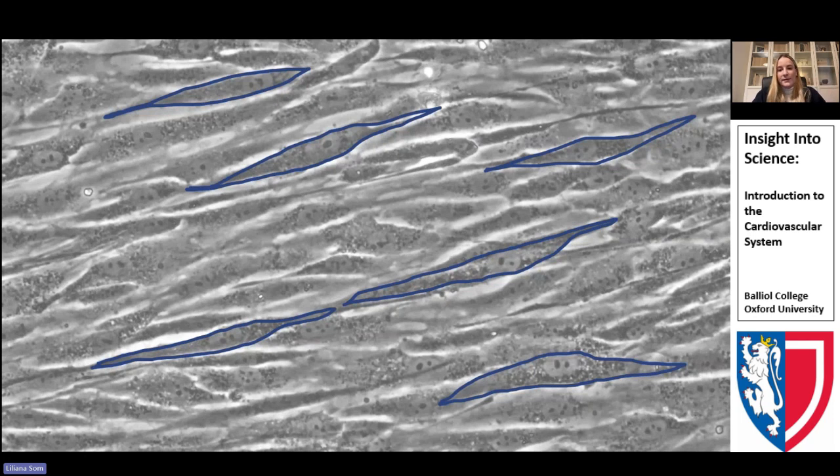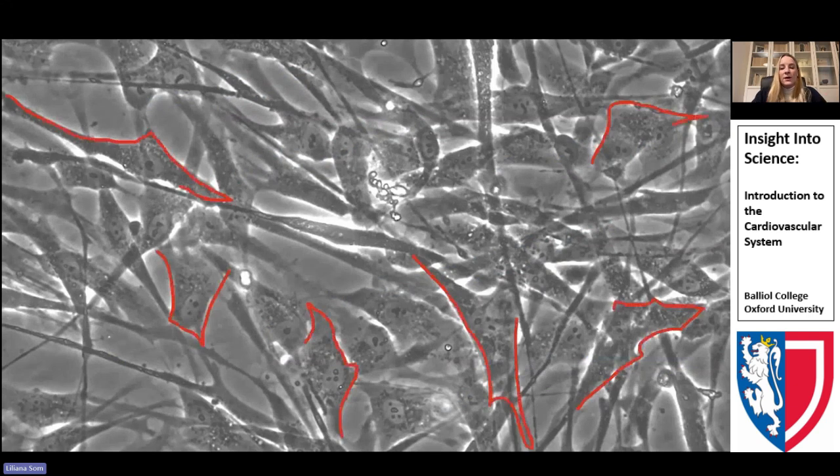They're quite close together, and this is their usual shape. But in disease, sometimes they undergo a shift in their phenotype and they become this rhomboid shape, so-called synthetic phenotype. So I hope you can see that is a very striking difference of how smooth muscle cells can look in disease.